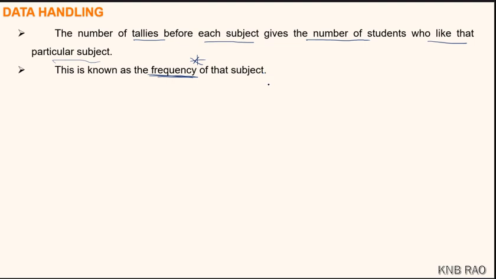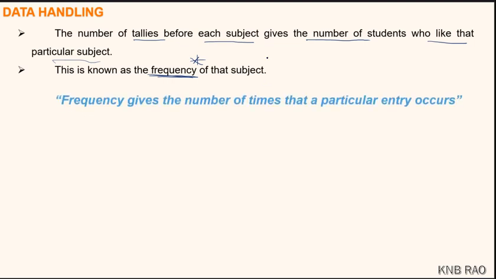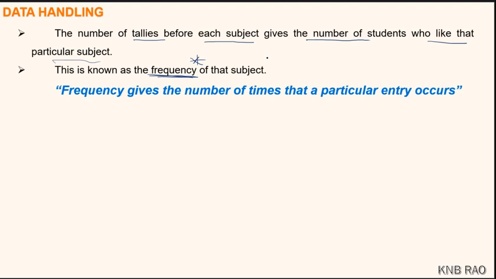So 7 like art, so 7 is the frequency of the art subject. So what is this frequency? Write down the definition of a frequency. Frequency gives the number of times that a particular entry occurs or repeats. Okay? This is the definition of a frequency.